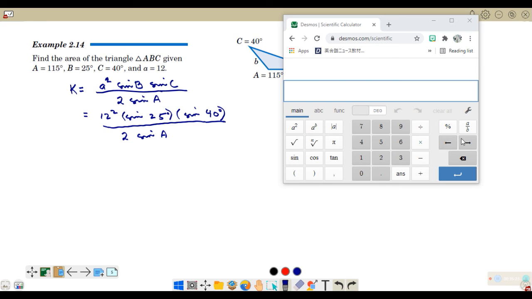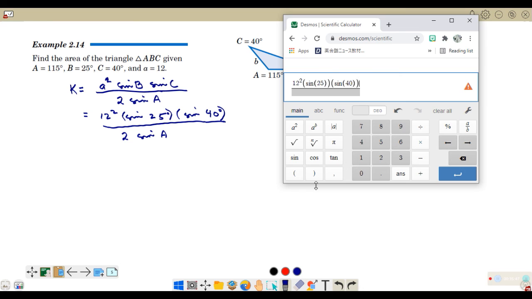Okay, input natin fraction, and then we have 12 raised to the power of 2 quantity sine 25 multiplied by sine 40.